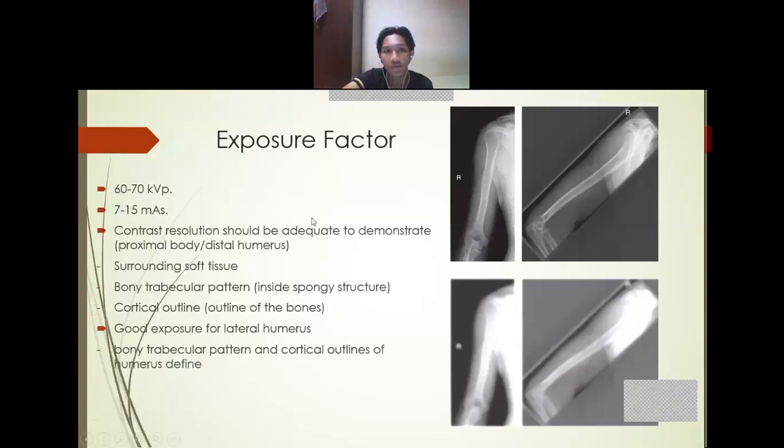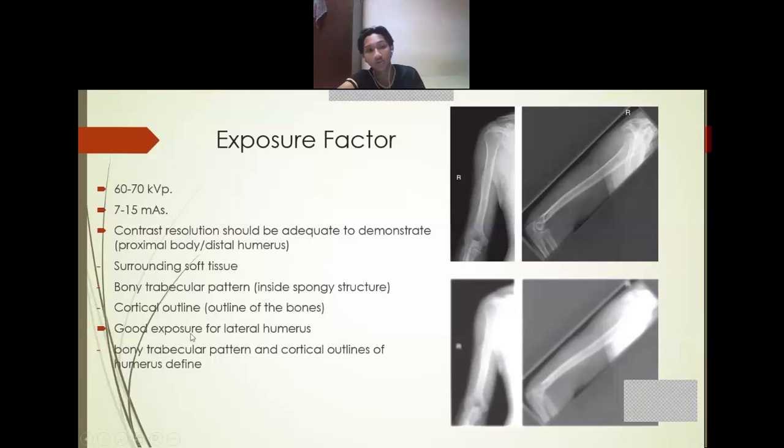For the exposure factor, we use 60 to 70 kVp and 7 to 50 mAs. The contrast resolution should be adequate to demonstrate the proximal and distal humerus. It is about the surrounding soft tissue, the bony trabecular pattern inside the spongy structure, and the cortical outline of the bones.